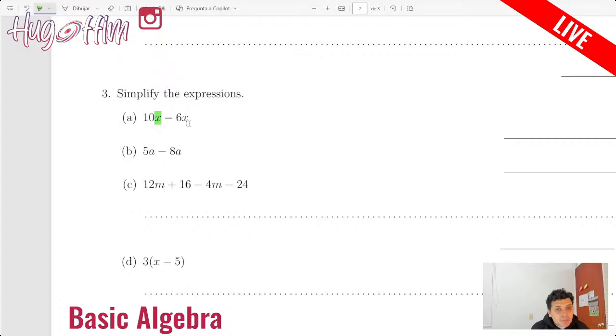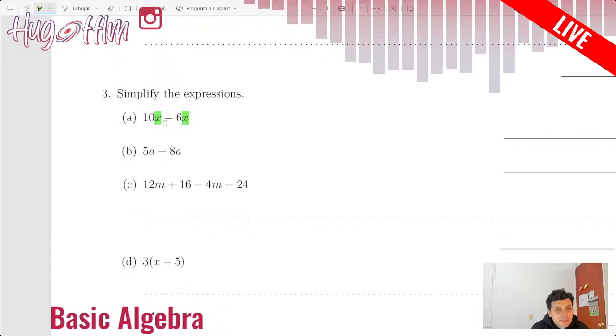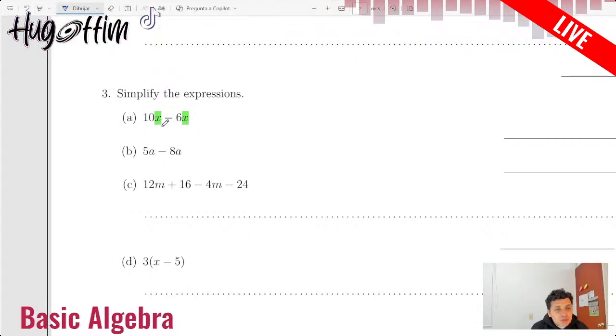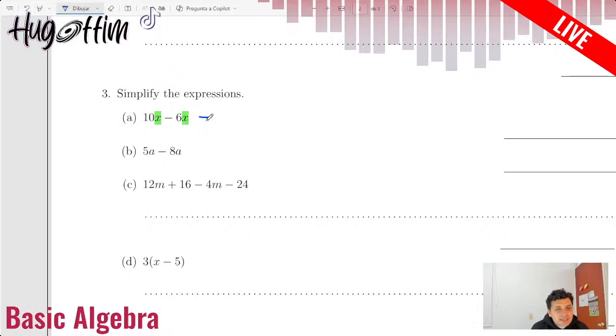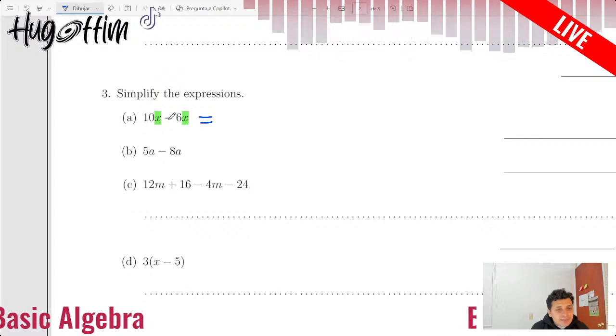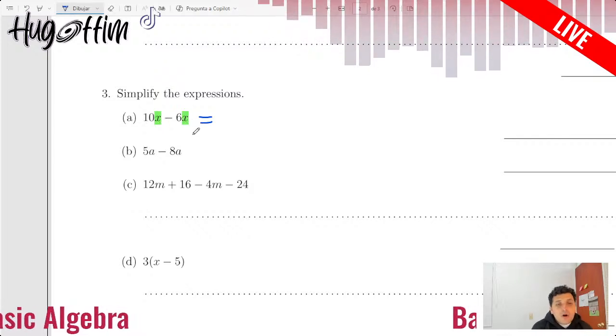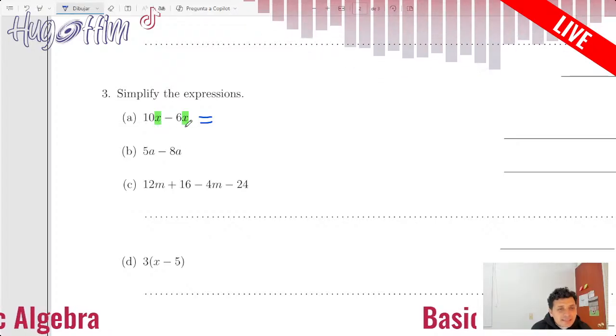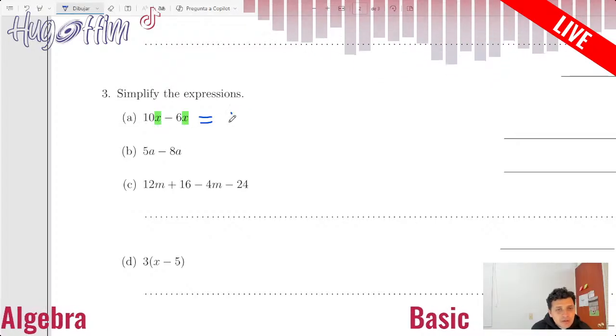For example, with this x, I have the same variables with the same power. So imagine that I have 6 centimeters minus 10 centimeters minus 6 centimeters, or 10 cats minus 6 cats. In this case, 10x minus 6x is going to be 4x.